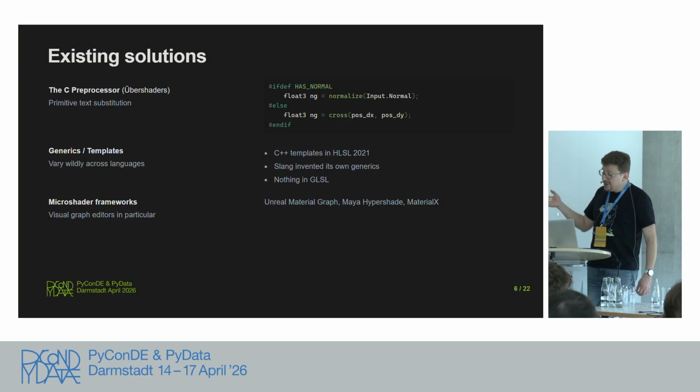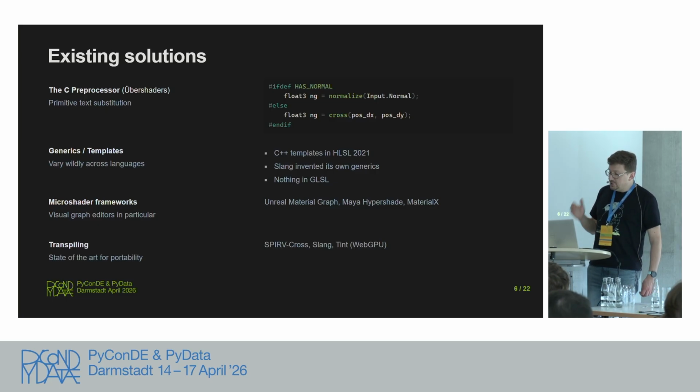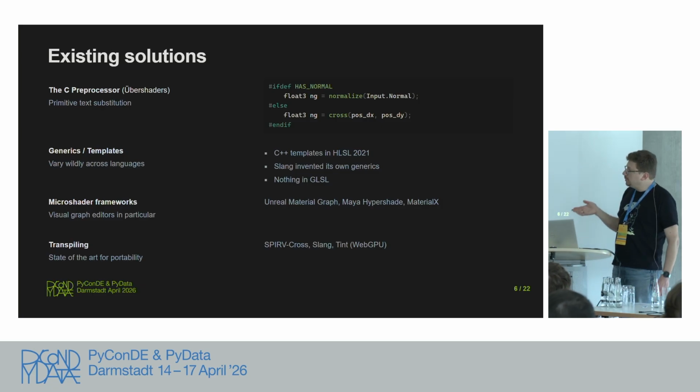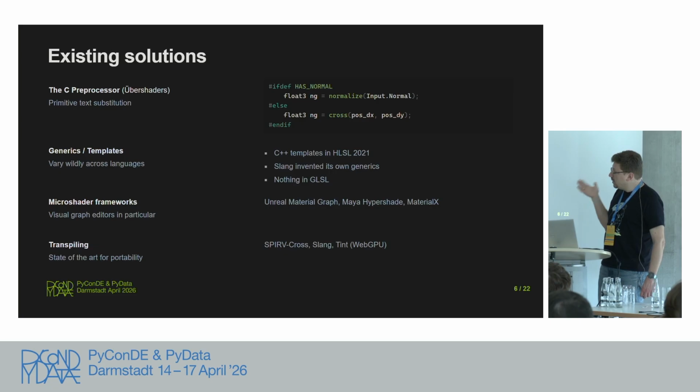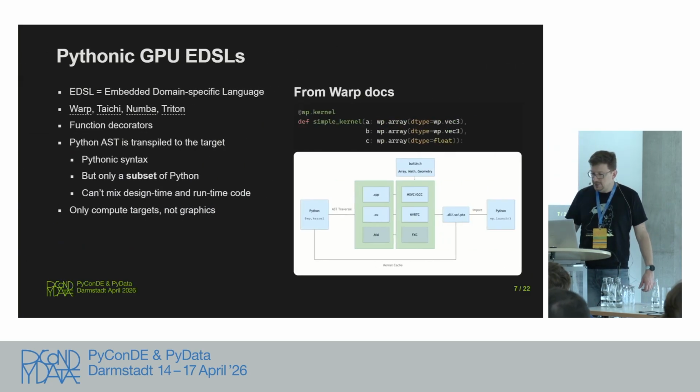So Unreal has a mechanism like that, Maya as well, and MaterialX is the new open source standard for that. And transpiling is the go-to solution for portability these days. So SPIRV Cross, Slang, Tint. The idea is you write your shader once in one shading language, and then it gets transpiled to a different one.